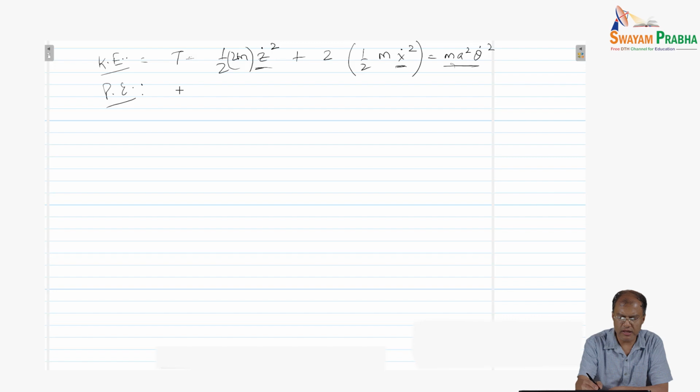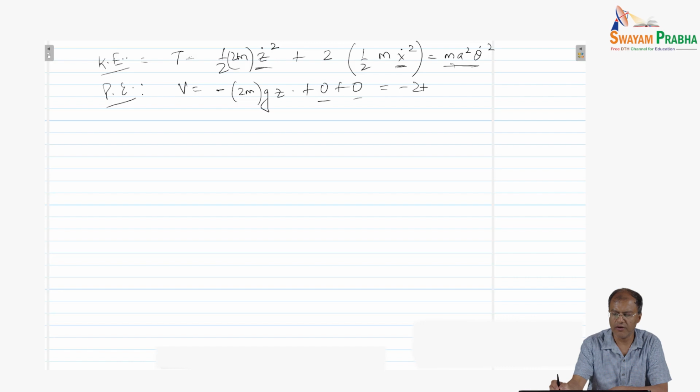The other two masses are at zero potential, so negative 2m g z is the total potential energy V. Replacing z, this is negative 2 m g a sin theta.